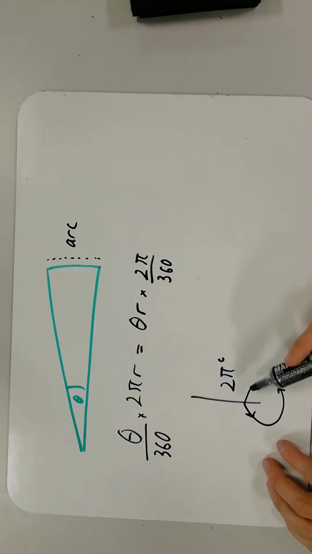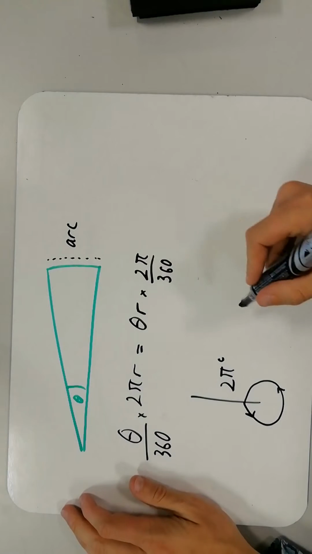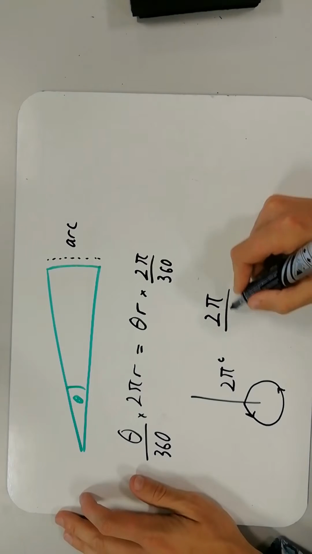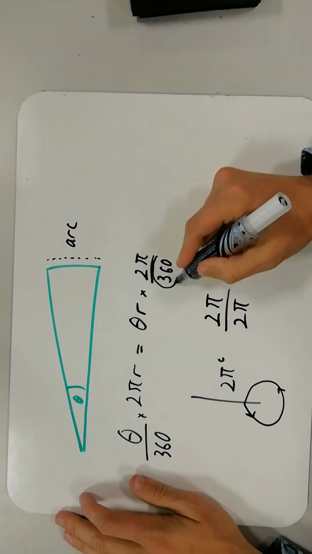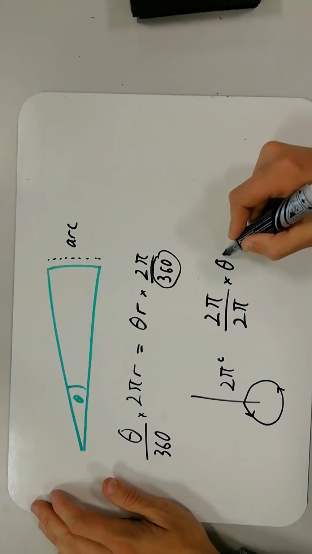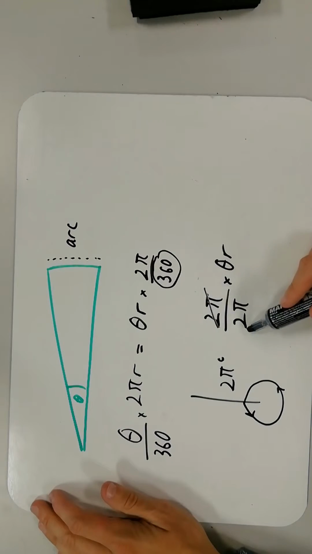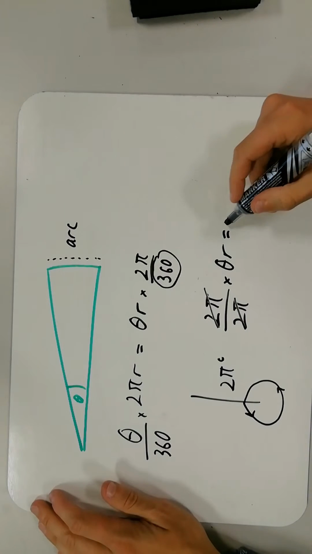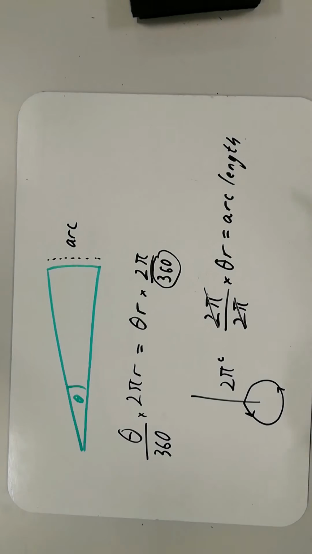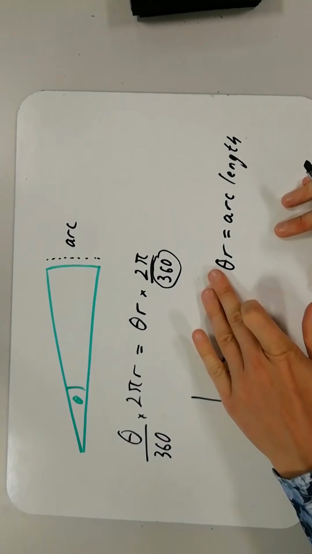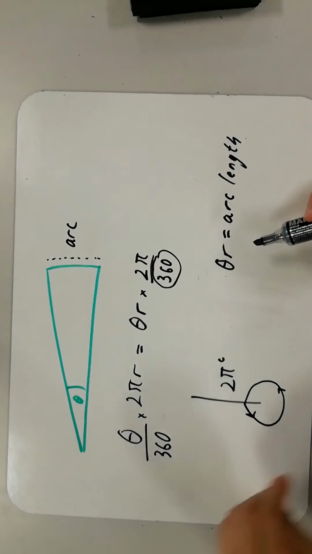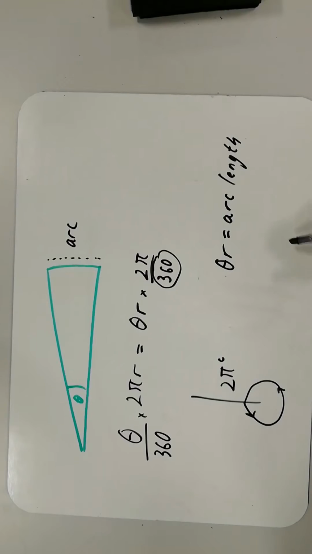By choosing 2 pi radians to be in a full turn, this formula for arc length becomes 2 pi over 2 pi, 2 pi taking the place of our arbitrary 360, times theta r. The 2 pi's cancel, so our formula for arc length is simply theta times r, your angle in radians times your radius, and that will give you arc length.